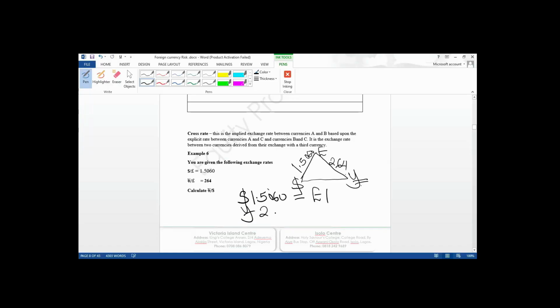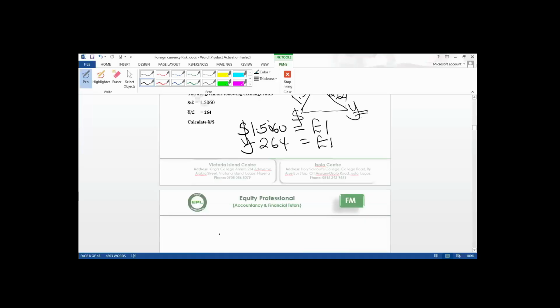Yen, 264 yen is equal to 1 pound. What is yen to dollar? That is cross rate.